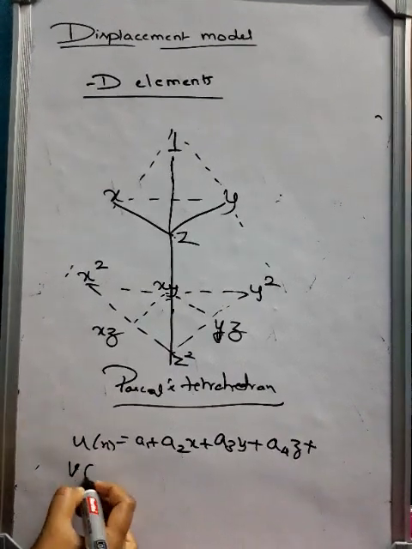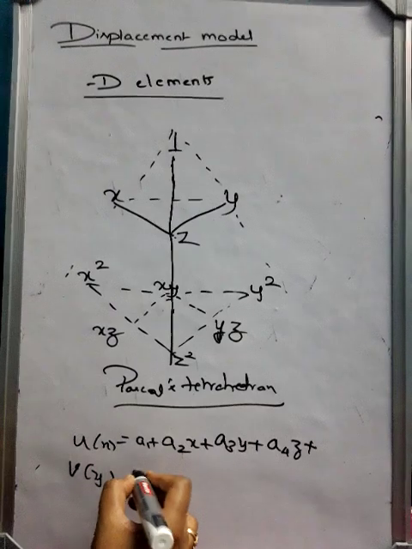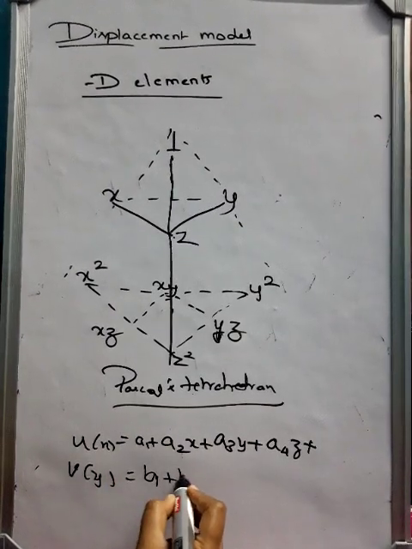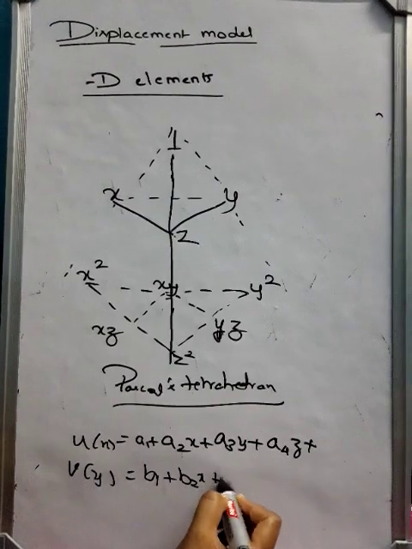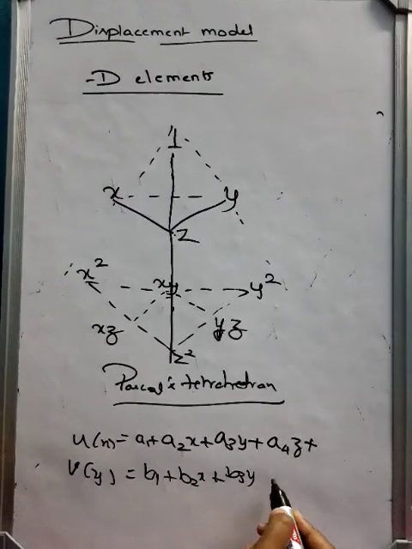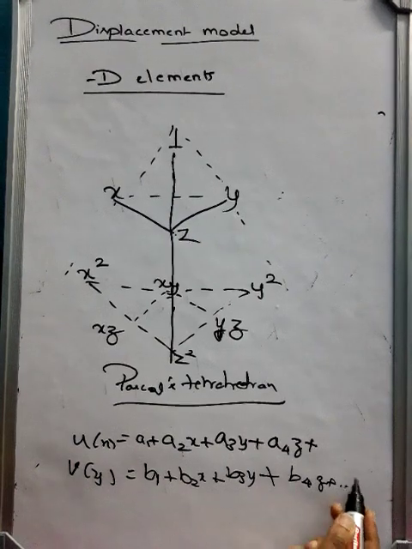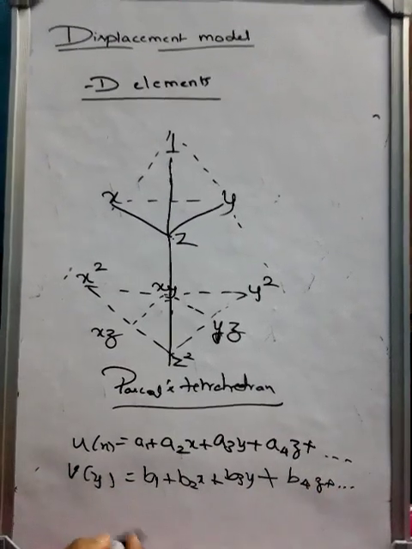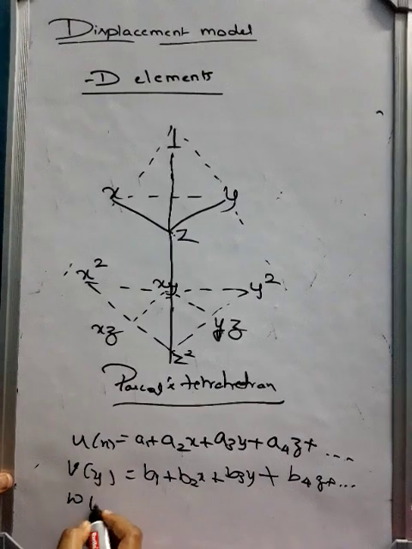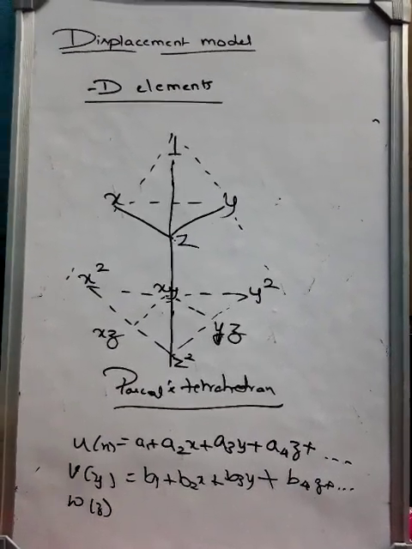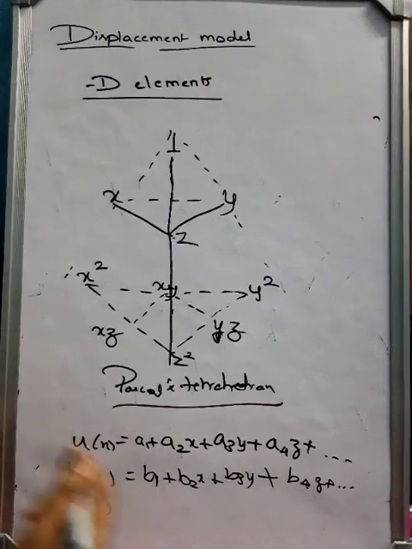Now similarly, v of y would be equal to what? b1 plus b2 into x plus b3 into y plus b4 into z, and so on. Then similarly, w of z. Why? Because you will be having 3 dimensions, so you will be getting the 3rd dimension also.